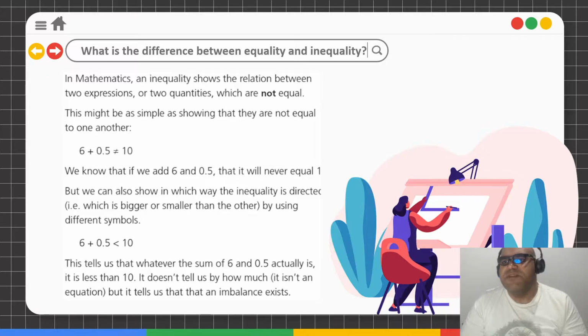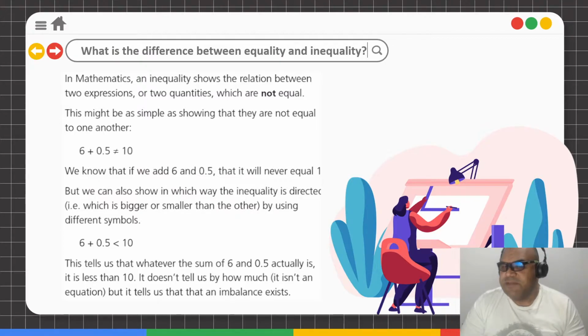What is the difference between equality and inequality? Attention here, this is very important. In mathematics, an inequality shows the relation between two expressions or two quantities which are not equal. It might be as simple as showing that they are not equal to one another, like 6 plus a half is different to 10.